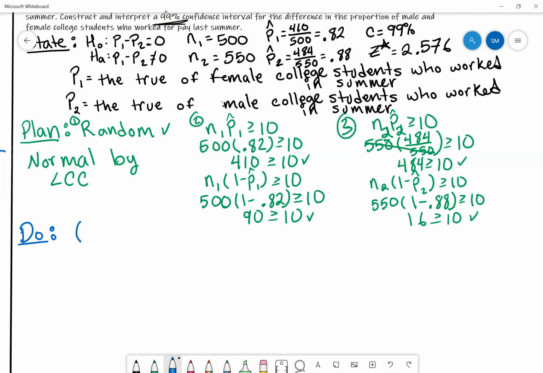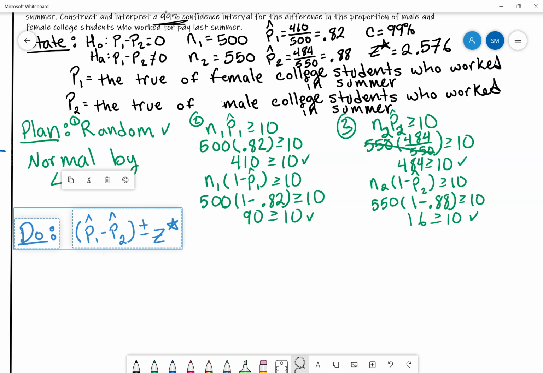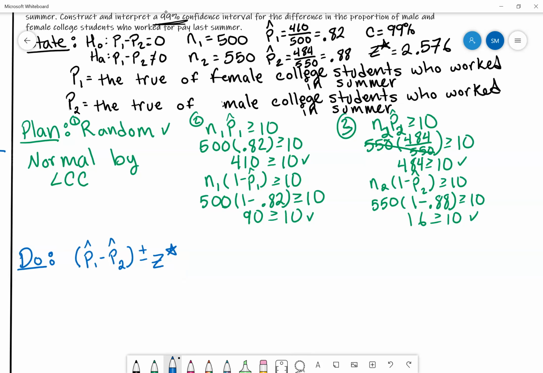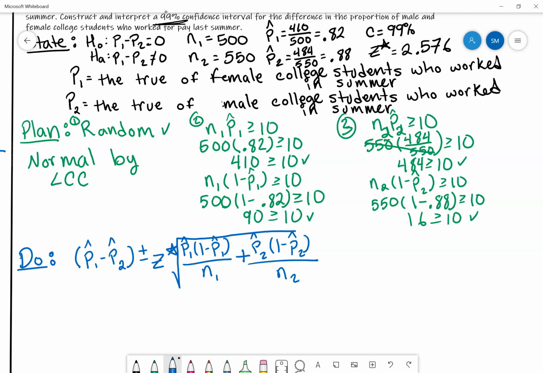So that formula again is in parentheses, very important that you do the parentheses, p hat sub 1 minus p hat sub 2 plus minus z star times the square root of p hat sub 1 times 1 minus p hat sub 1 over n sub 1 plus p hat sub 2 times 1 minus p hat sub 2 divided by n sub 2.